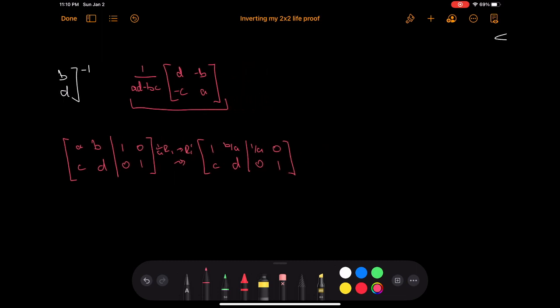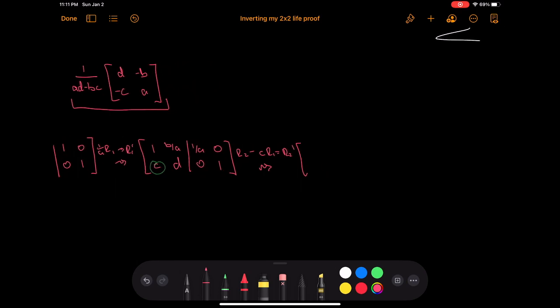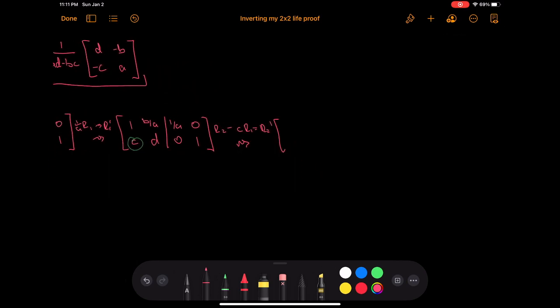So what we're going to do now is zero out this C. The way we do that is we get the second row and subtract C times the first row. That will give us our new second row. The first row will remain the same.